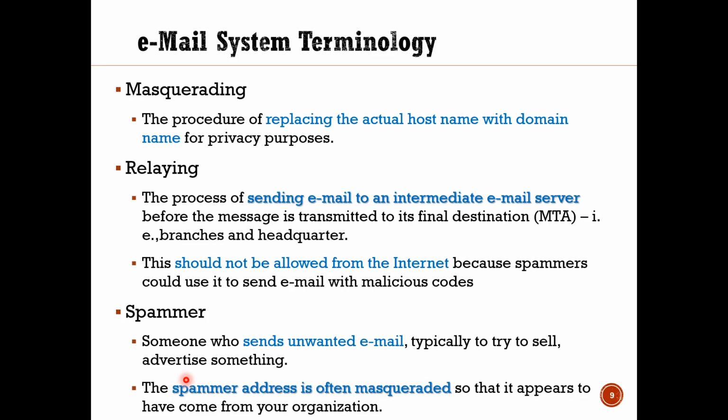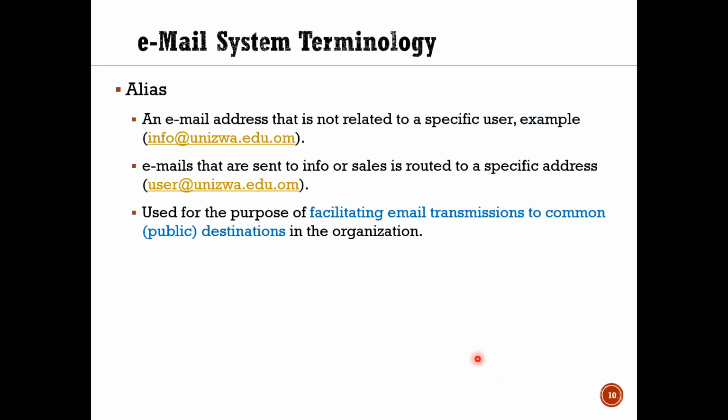Whatever emails you receive from a user that doesn't have any relation or any kind of validation from your own domain, of course they will be identified as a spammer. So the spammer address here is often masqueraded, which is actually hidden, and appears to be someone else who is sending to you, not the real person.